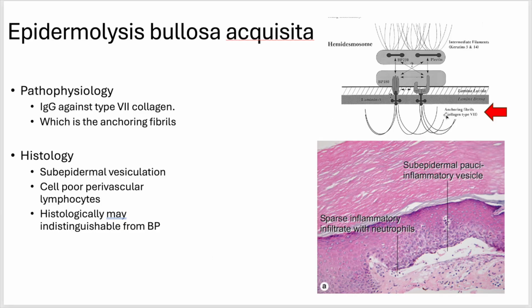And here is the demonstration of the location of collagen 7. And remember, BP is targeting BP230 or BP180. So the separation at the ultrastructural level is lower than BP.